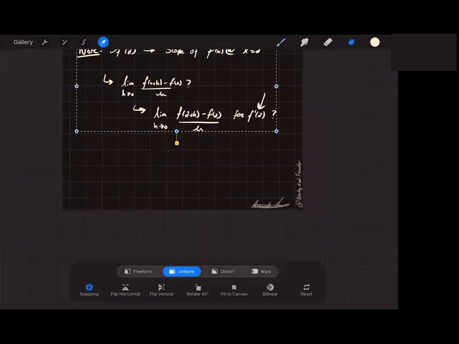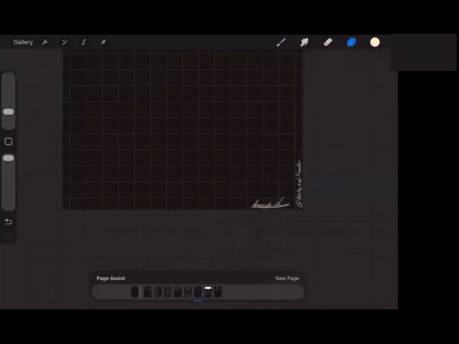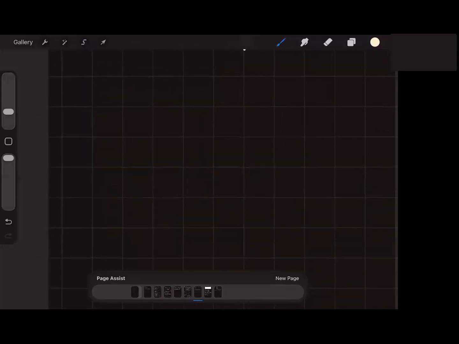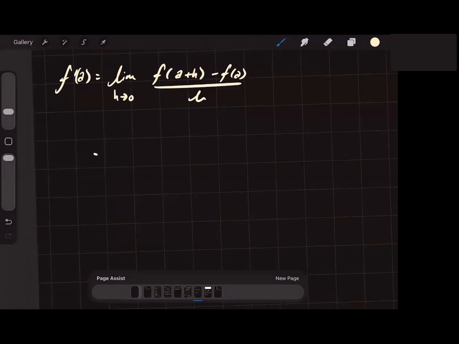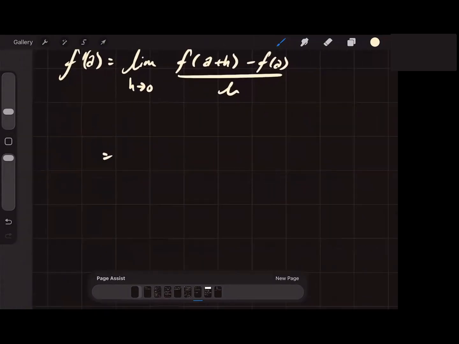So if we use that same methodology, I want f prime of a, which is going to equal the limit as h approaches 0 of f of a plus h minus f of a all over h. And as we established, we know what f of x is, so we can just plug things in.